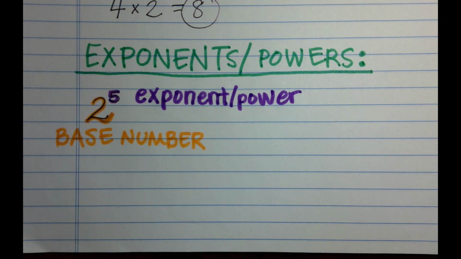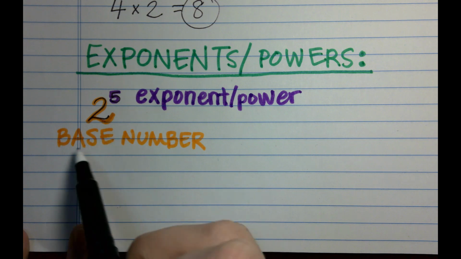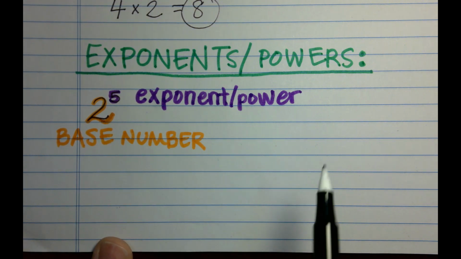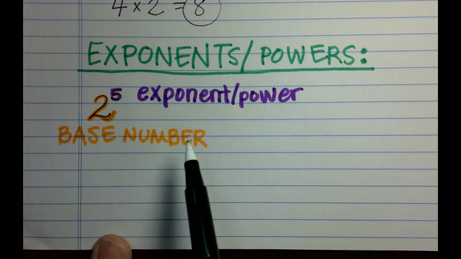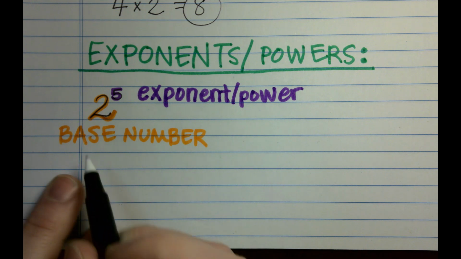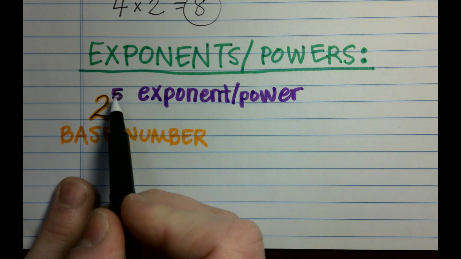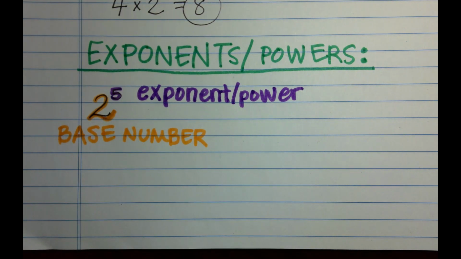When you have an exponent, such as 2 to the 5th power, what is happening is repeated multiplication. You're multiplying over and over and over. My base number is the number I'm going to multiply over and over. My exponent or my power tells me how many times I multiply it.